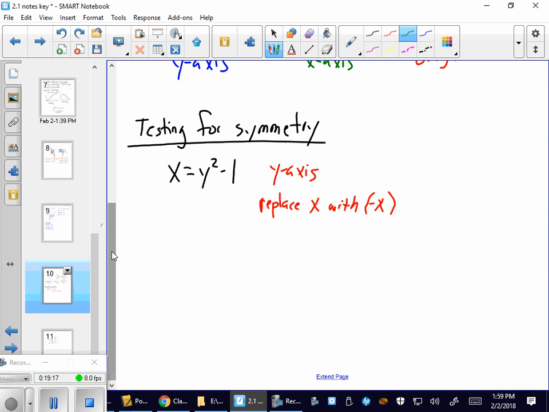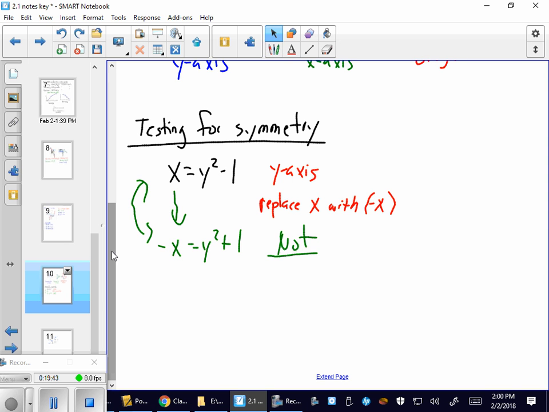I'm going to replace the x right here with negative x. Okay, are these two things equal? No, definitely not. Y squared plus 1 is the same, but the negative x is different than the positive x in the top one. So this is not symmetric to the y-axis.